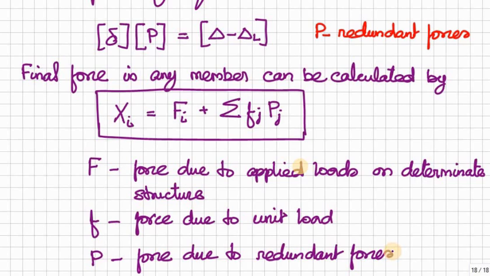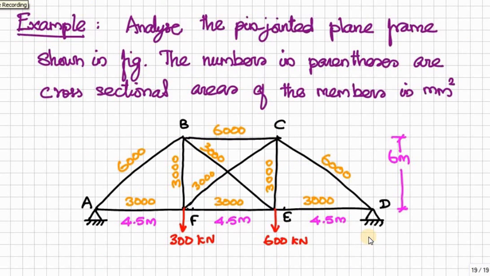Now we will try to solve a problem so that we will understand much better. Analyze the pin-jointed plane frame shown in the figure. The numbers in parentheses, actually the parentheses are missing, are the cross-sectional areas in mm square.